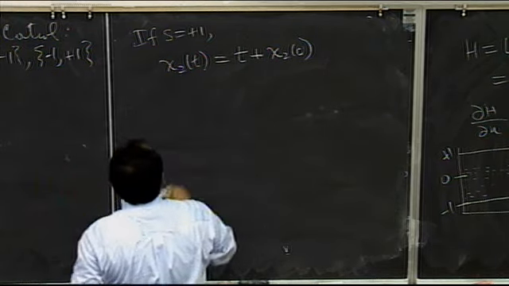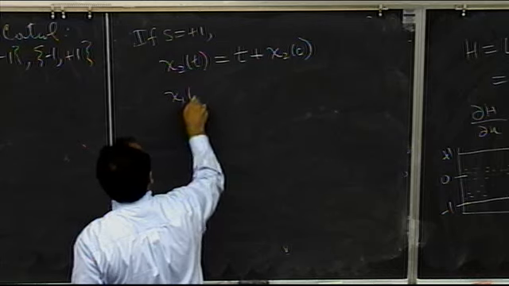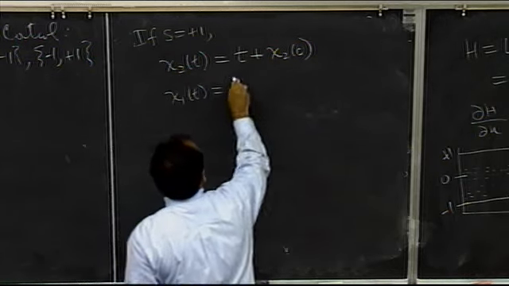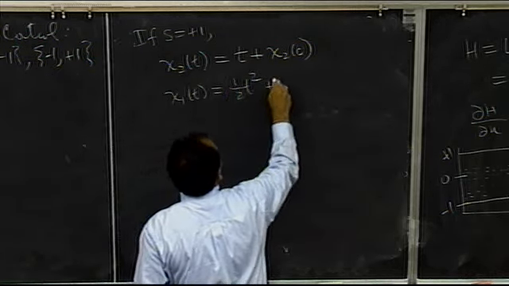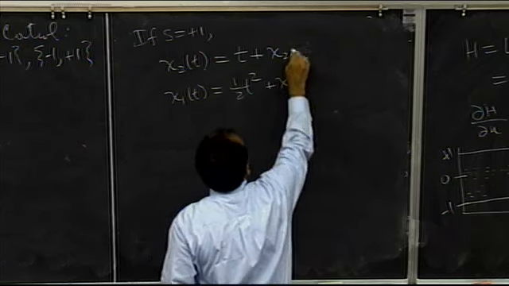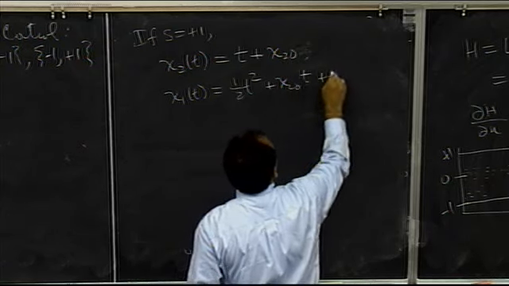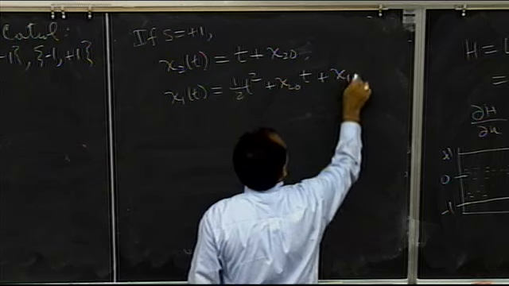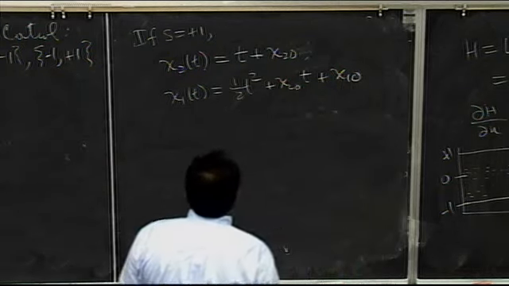If I integrate that again, what do I get? x1 of t is going to equal 1/2 t squared plus x20 times t plus x10. So that's the solution you get.